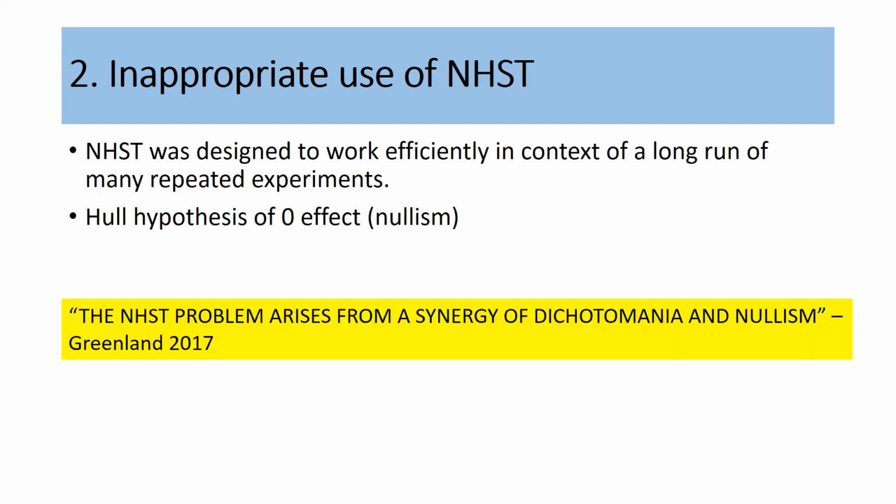Sander Greenland, a very prominent statistician and epidemiologist, said last year that the null hypothesis statistics testing problem arises from a synergy of dichotomania and nullism. Dichotomania is the propensity that humans have to put things into boxes, to label them as black and white. In other words, statistically significant or non-statistically significant.